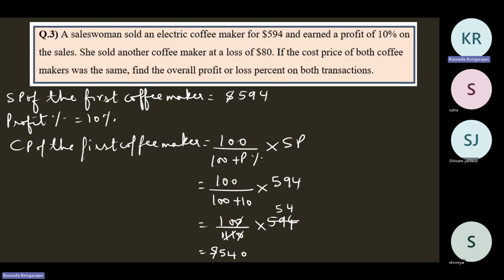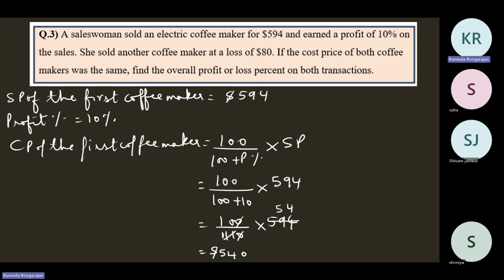Whenever we have to find the overall profit or loss percent, we have to find the total CP and the total SP. Two coffee makers are sold, and the CP of both the coffee makers is the same.